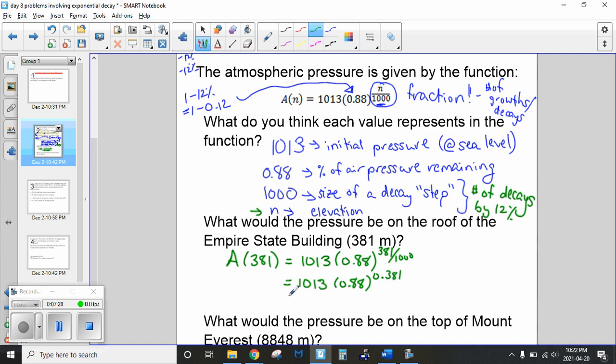That's okay. In your calculator, you're first going to do the exponent part. Come up with an answer for that, which is approximately 0.95246. And then multiplying that number with 1,013.